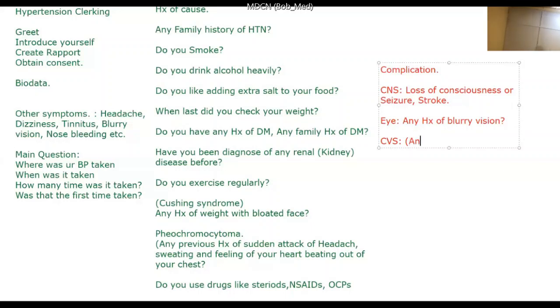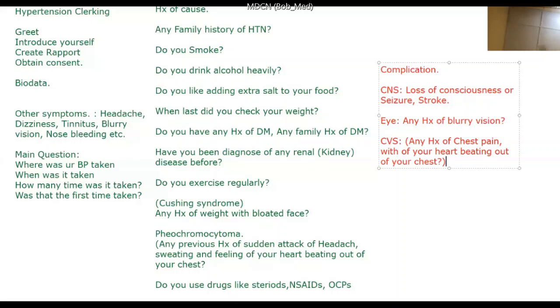Any history of chest pain, with a feeling of your heart beating out of your chest. This is palpitation. This is how you ask. Do you understand, doctors? You can also use dyspnea. Or do you use a lot of pillows to breathe? You might want to rule that out also.